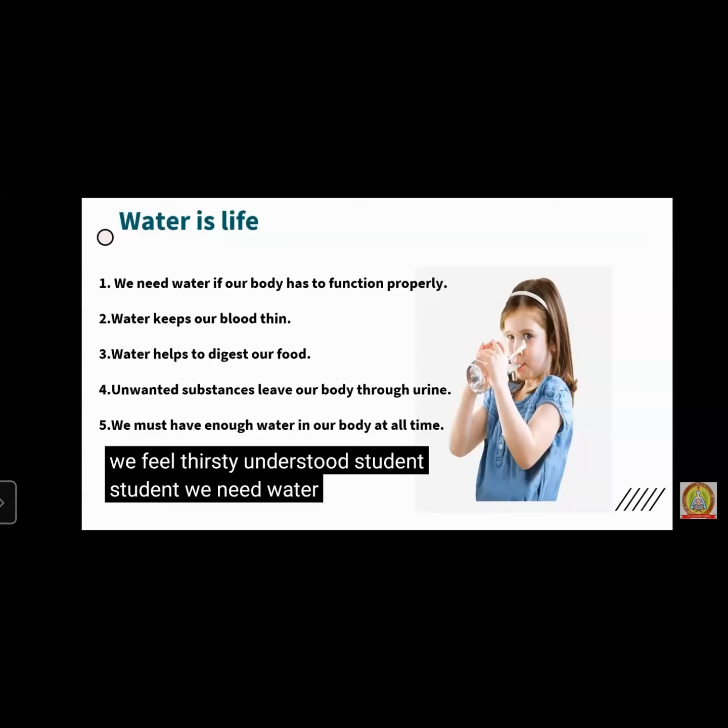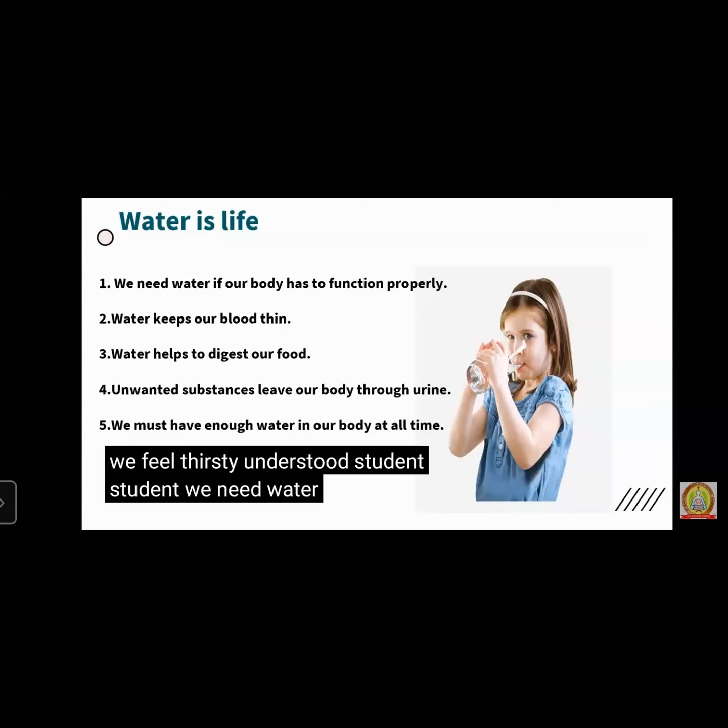And unwanted or waste products which are in the body leave our body through urine. When we drink water, they mix with that water and are thrown out of our body. And we must have enough water in our body at all times.